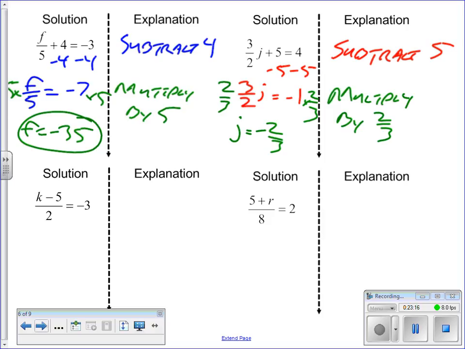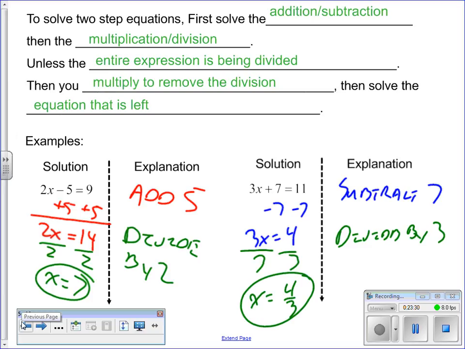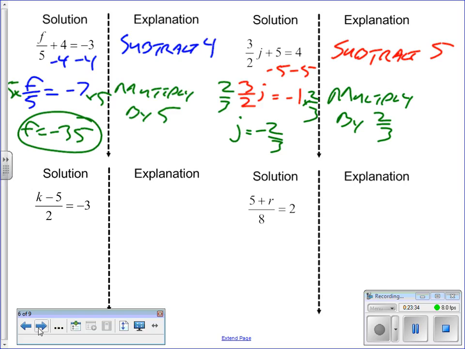If it was just k divided by 2, like this one here, where it's not the whole thing being divided by 5, just the variable. This one, the whole thing is being divided by 2. That's why, when we go back to here, the entire expression is being divided. So my first step here is actually multiply both sides by 2.